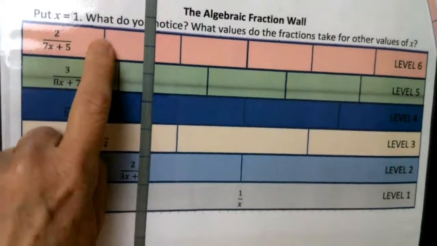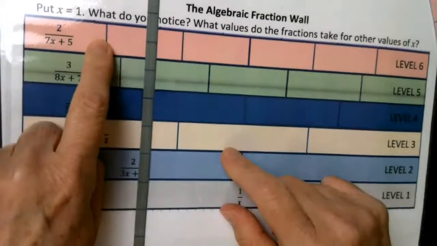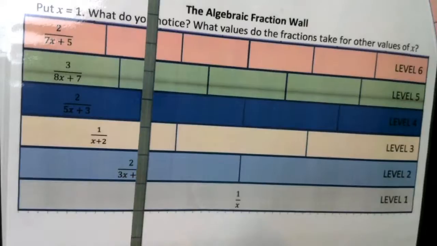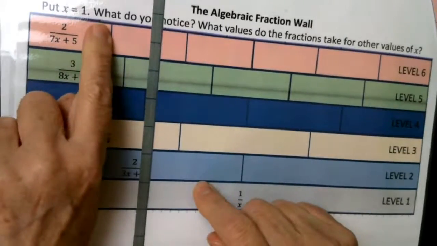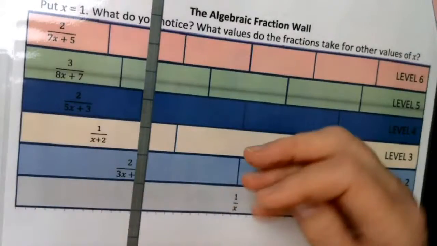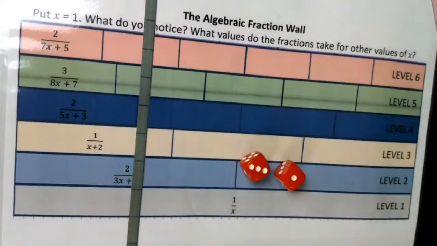Well, 2/12 is here, so it's going to be less than 2/12. So person B wins that one, because you can establish it's less than here. So you have to do some thinking about it in order to work that one out.